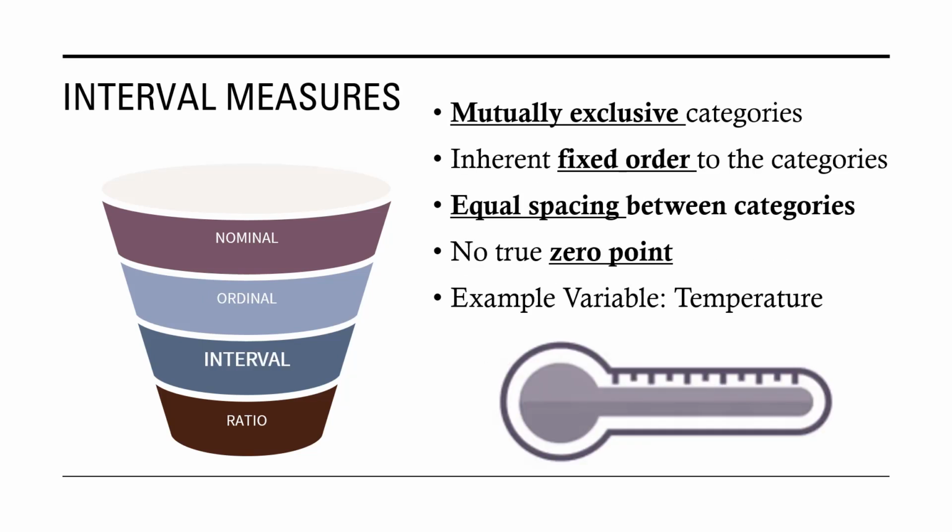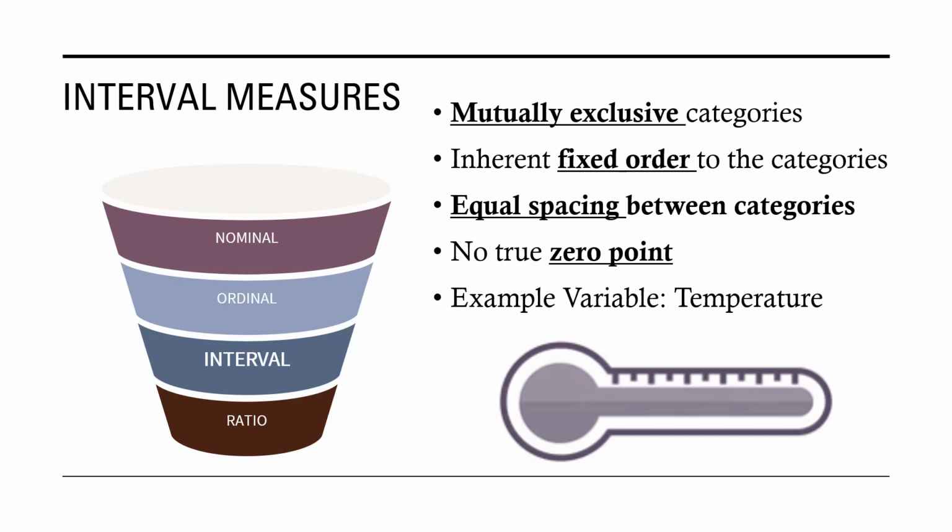The next level of measurement is the interval level of measurement. Measures that are at the interval level of measurement have mutually exclusive categories. Okay? They also have a ranked or a fixed order associated with the values. However, this one goes a step further than some of our other levels of measurement because now these categories have equal spacing between them. Okay?